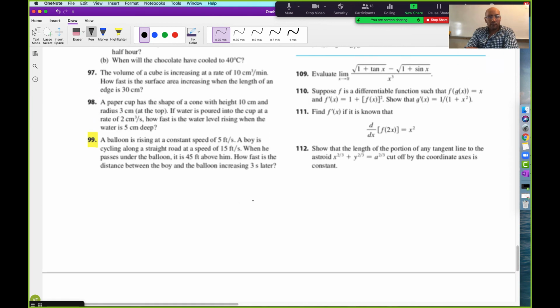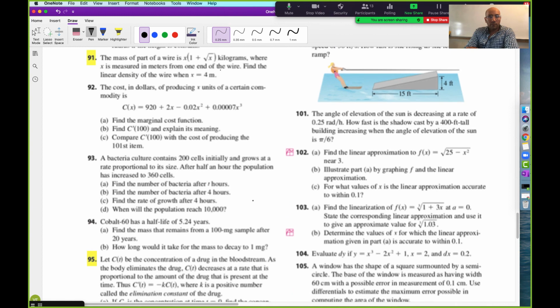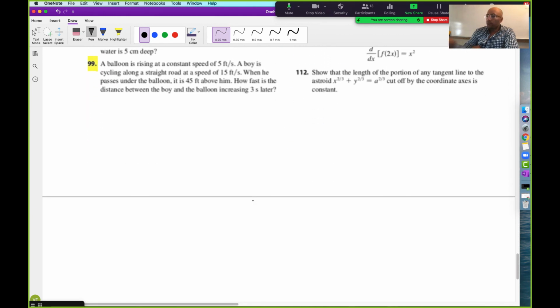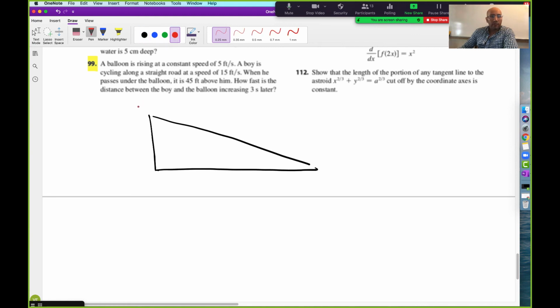There was an image of this. There isn't. So for number 99, you can draw it this way. We have something like this.